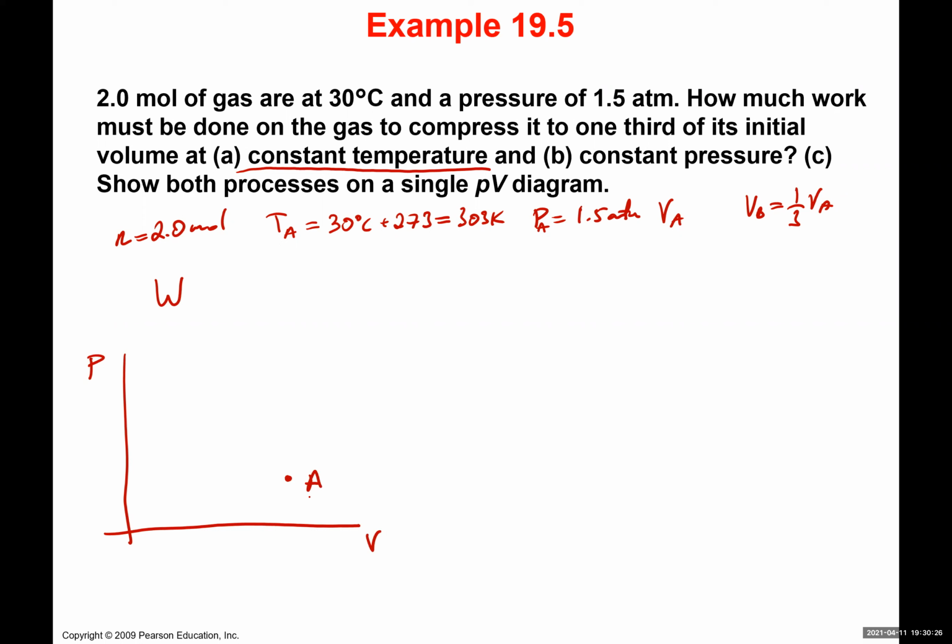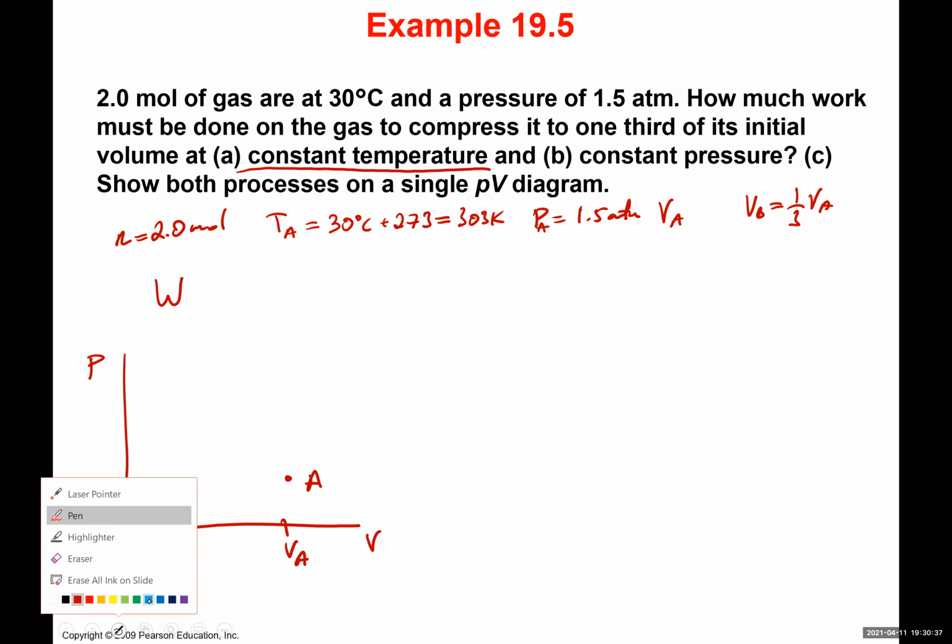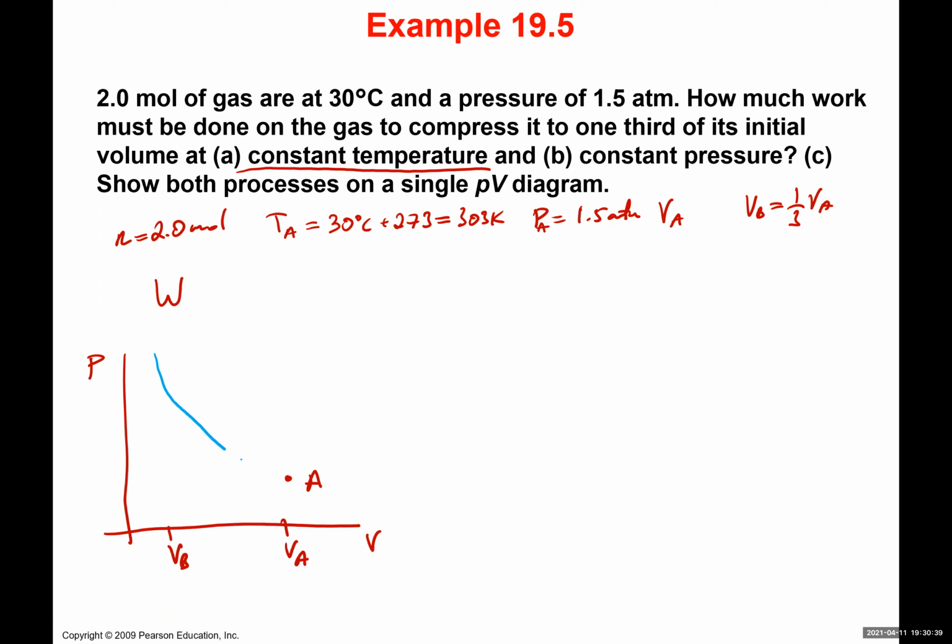That means we're going to go from VA to some VB over here. Okay. So 1/3 of its volume. That means if it's isothermal, it has to be along one of these isothermal lines. That means my point B is right here. Okay. That means my TB is equal to 303 Kelvin.